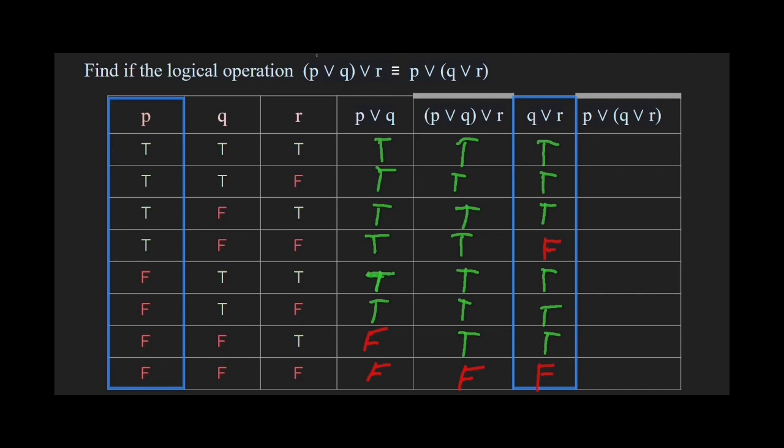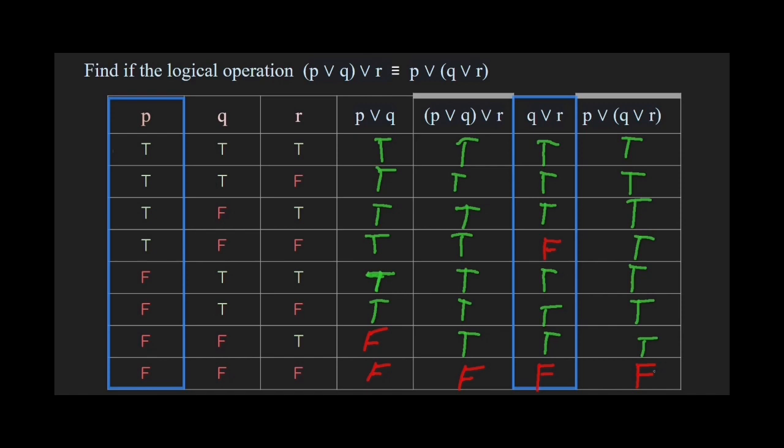So let's see if that's the case. We have true, true, true, true, true, another true, true, true, true, and the last one is false.